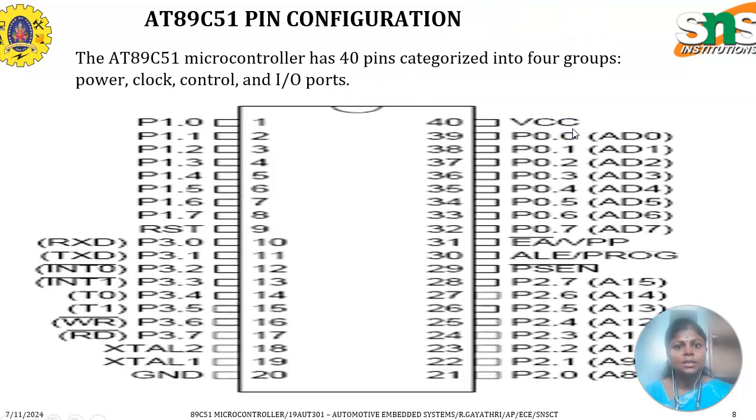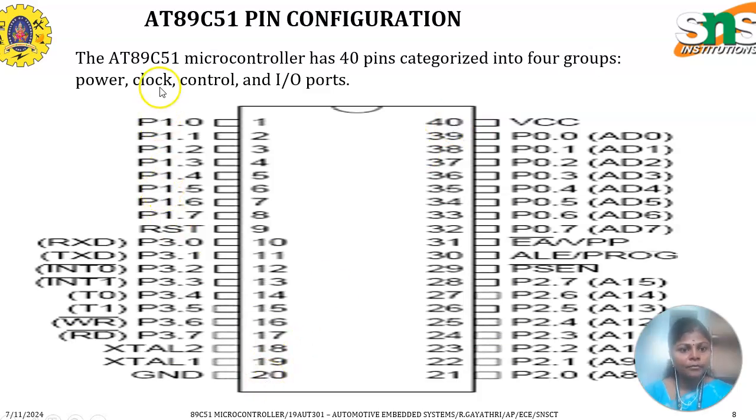And the 89C51 pin configuration: it has 40 pins categorized into 4 groups, which are power, clock, control, and input-output ports. First, the power group has 2 pins, VCC and ground, which are pin 40 and pin 20. Pin 40 is VCC and pin 20 is ground.